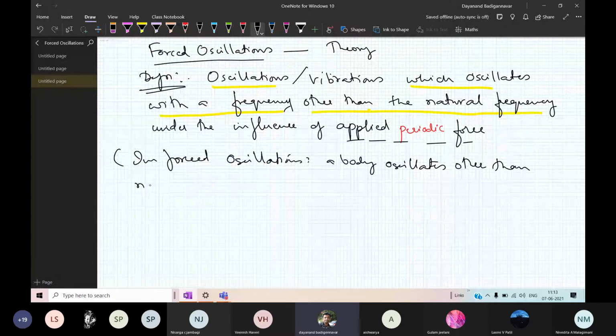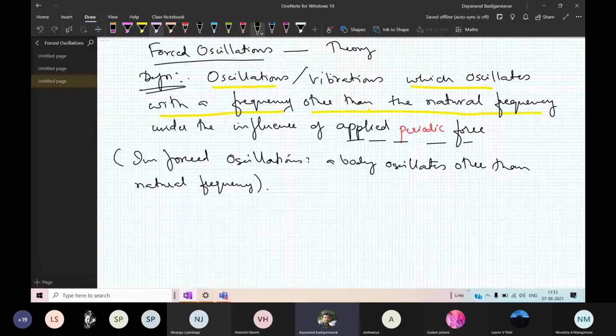This you have to remember. It is not vibrating with its own frequency, it is oscillating with another frequency.